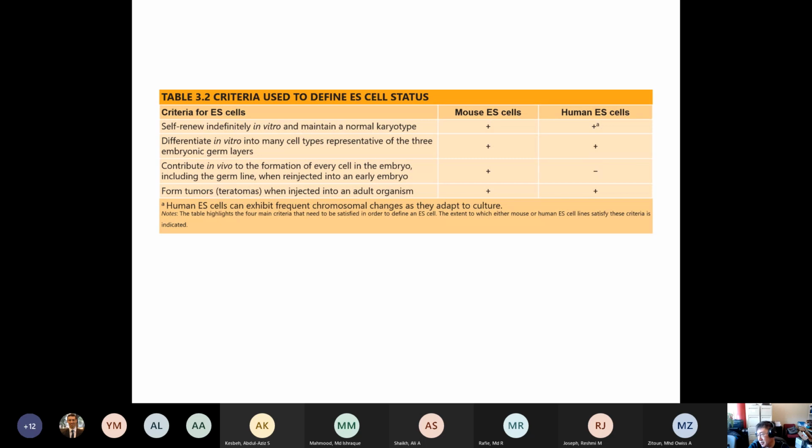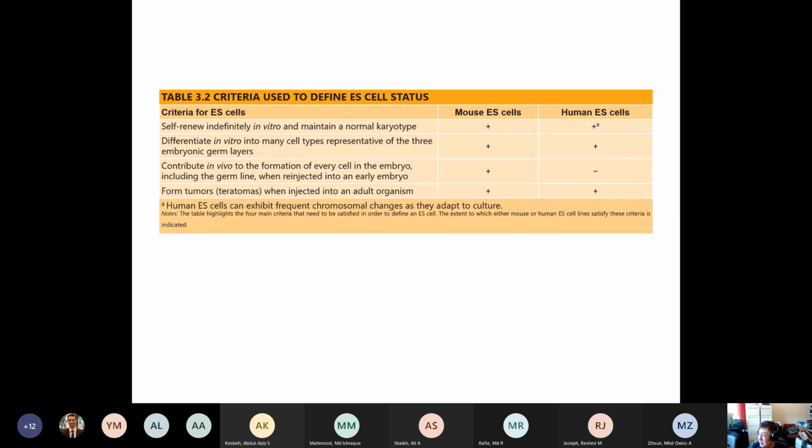That's one criteria. And then differentiate in vitro to give rise to many cell types. And as I said, you must demonstrate cells from 3 germ layers at least, because we have so many cell types. You cannot exhaust the possibilities, right? So as a minimum, you demonstrate that you can create cells from 3 germ layers.